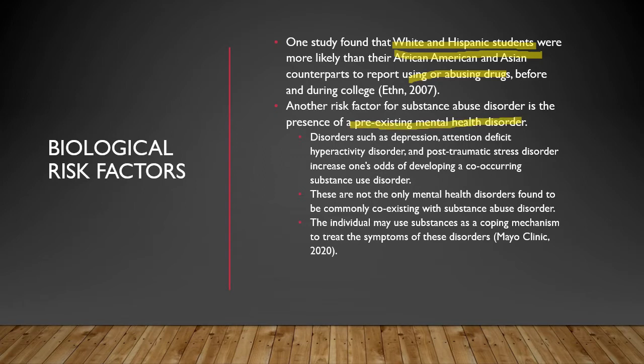We did see that mental health is linked to substance use disorder, so it's a strong risk factor for that. Disorders such as depression, attention deficit hyperactivity disorder, and post-traumatic stress disorder increase one's odds of developing a co-occurring substance use disorder.